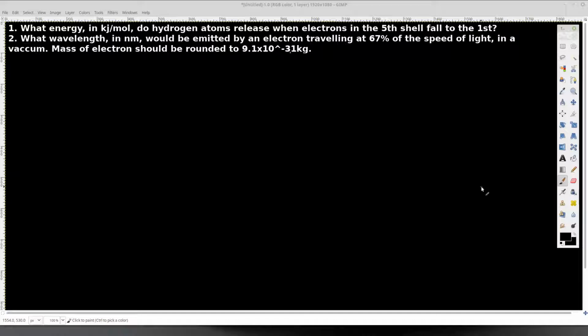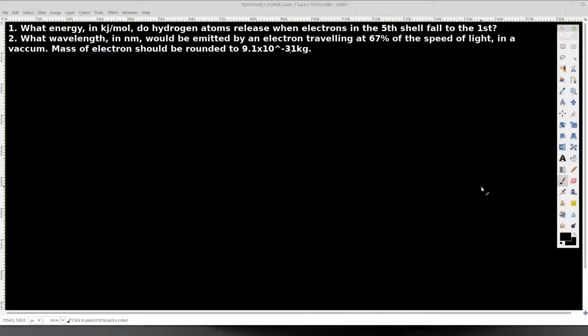When the problem was originally sent to me, the viewer sent it with the mass raised to the negative 28 kilograms. I thought that was wrong, but I looked it up just to make sure, and they usually use 9.11 times 10 raised to the negative 31 for the kilogram. So I think that was probably just a typo from the publisher.